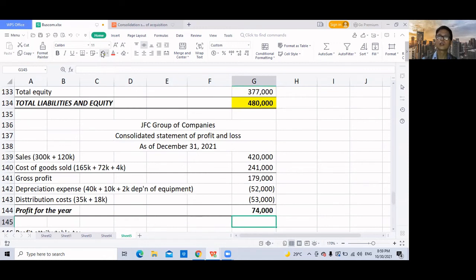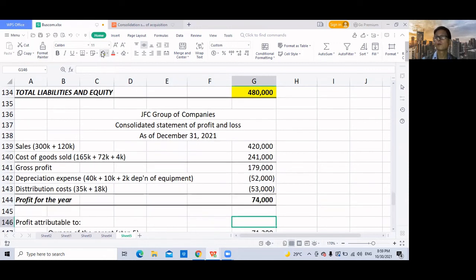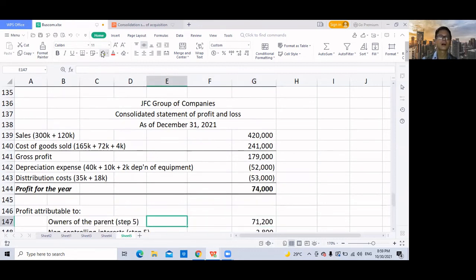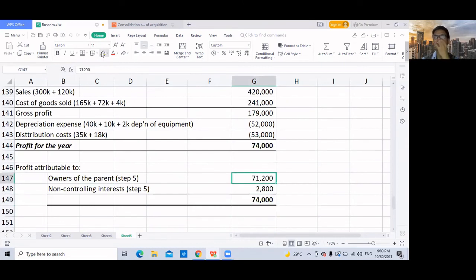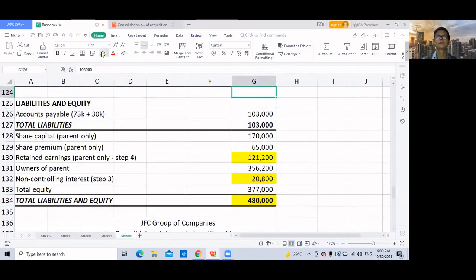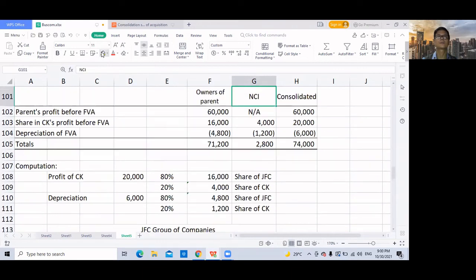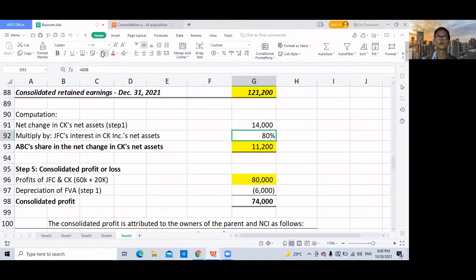Now, the partition of this 74,000 is, you could say, superficial, since the parent still claims all of it. For the owners of the parent, that's 71,200, which is the 80% we got in step 5.